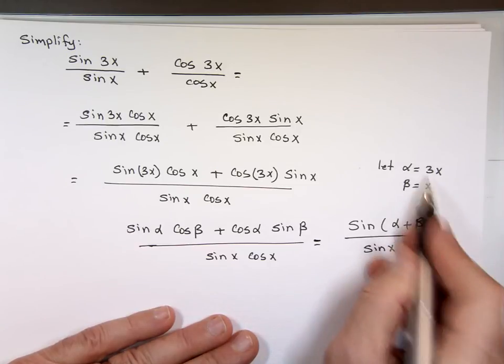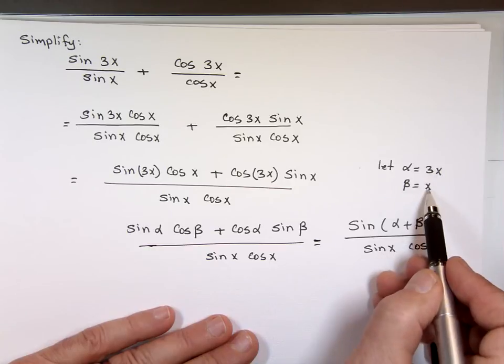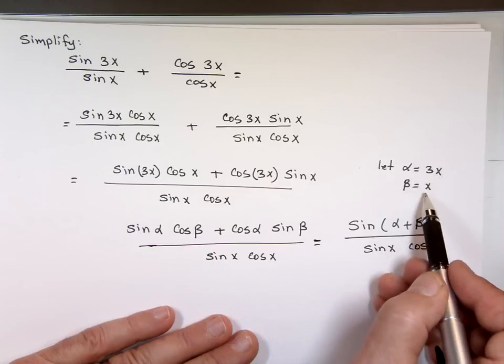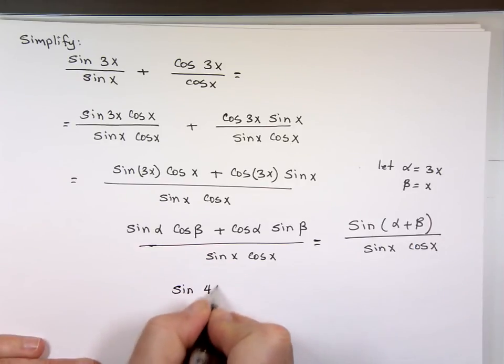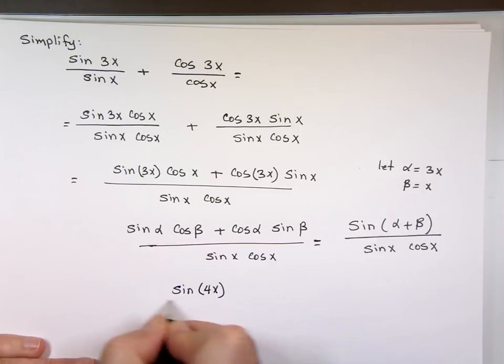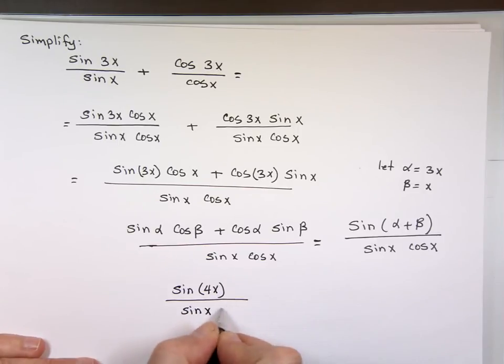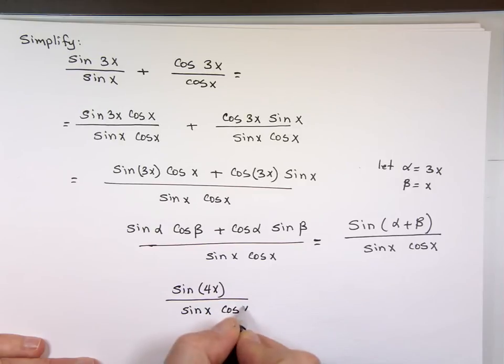Alpha is 3x, beta is x. What's 3x plus x? 4x. Get a little bit smaller, but still not happy with it.